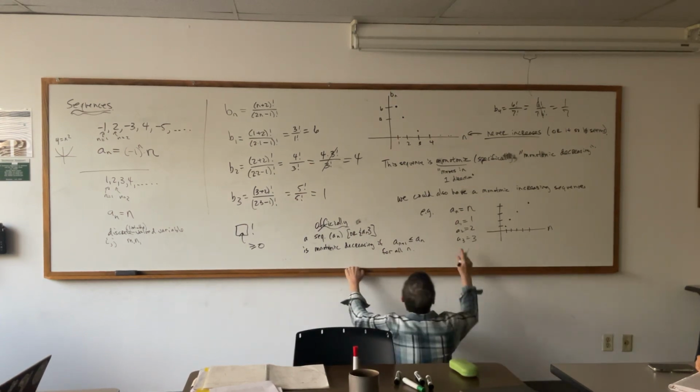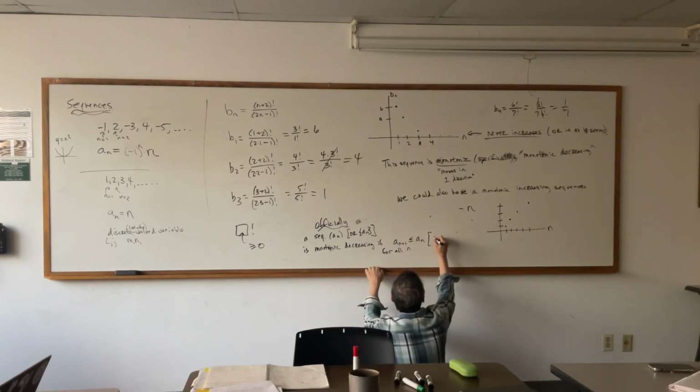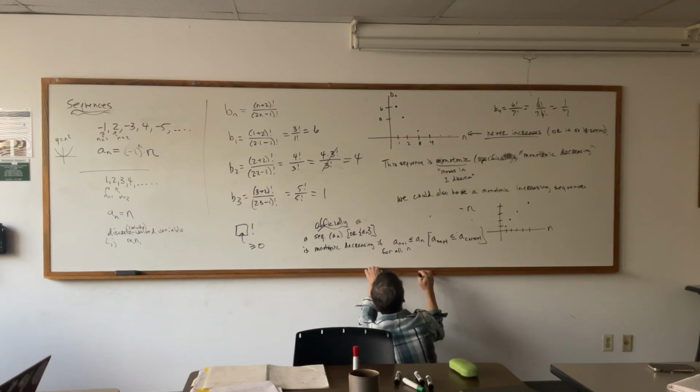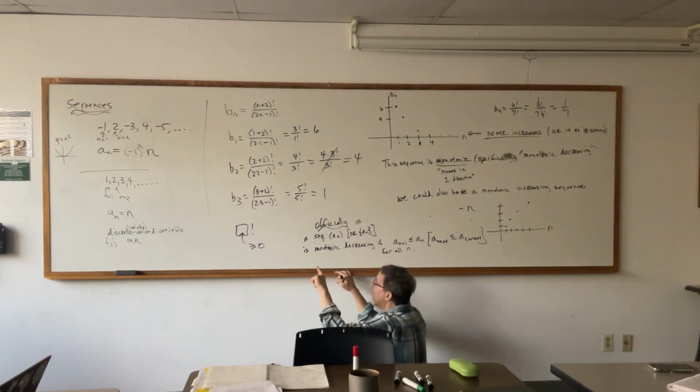Notice what this means. This means the next value is less than or equal to the previous value. Reading this might be a new thing for you, looking at these kinds of subscripts. So what this means is a sub next is less than or equal to a sub current. That's a great way to look at that. Why is it less than or equal? Because we can potentially stay the same, as long as we don't go up.